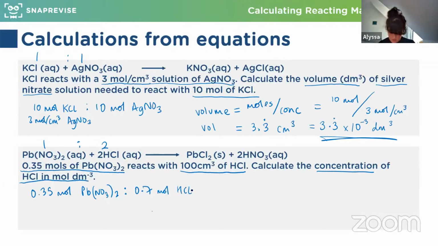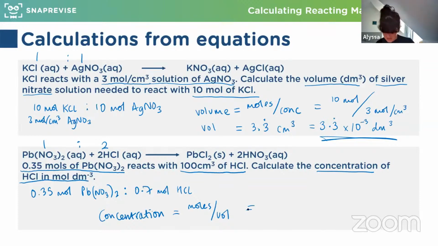Then we're trying to find the concentration. So again, we're going to need a rearrangement of our equation, or if you're using an equation triangle, you can just use your equation triangle. So we've got concentration is equal to moles over volume, as long as our volume is in decimeters cubed.